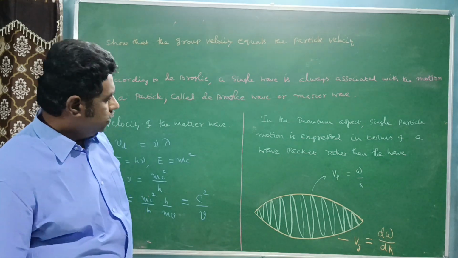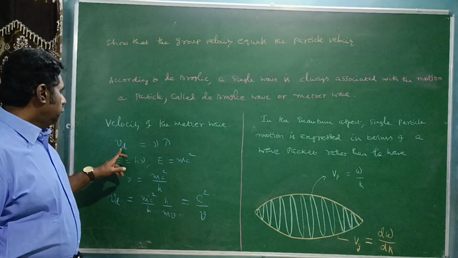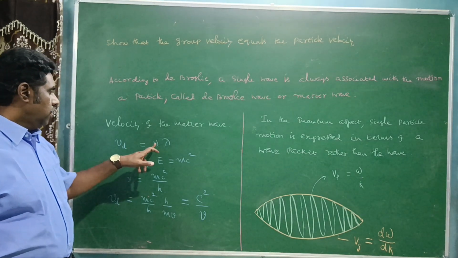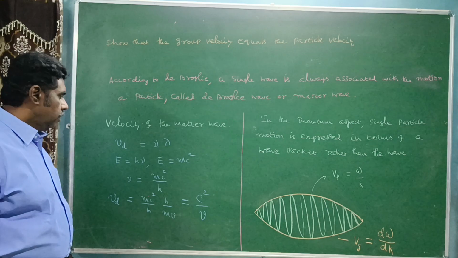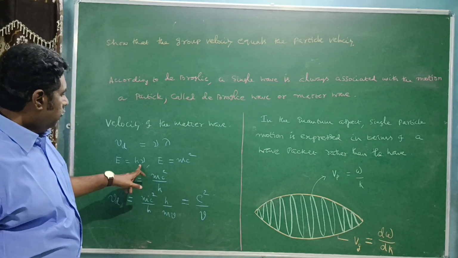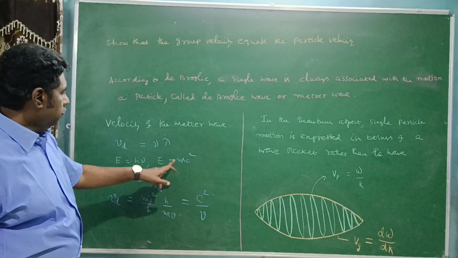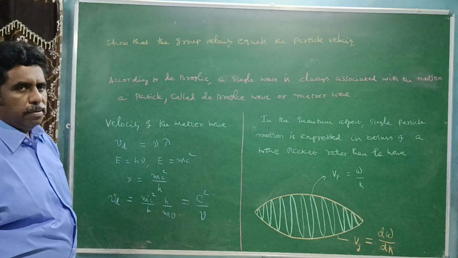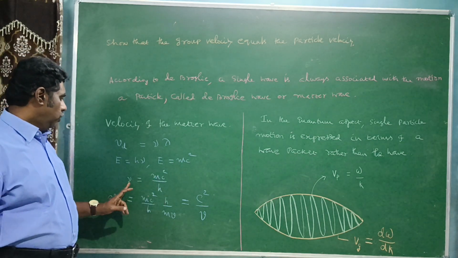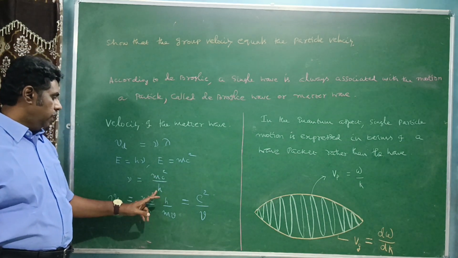If this is the case, then the de Broglie wave velocity Vd equals nu lambda. You know that E equals h nu, and the Einstein mass-energy relation is E equals mc square. From these two relations, nu equals mc square divided by h.